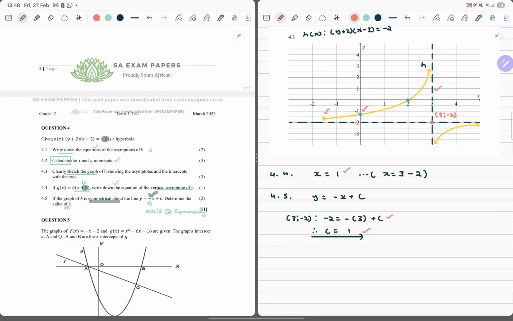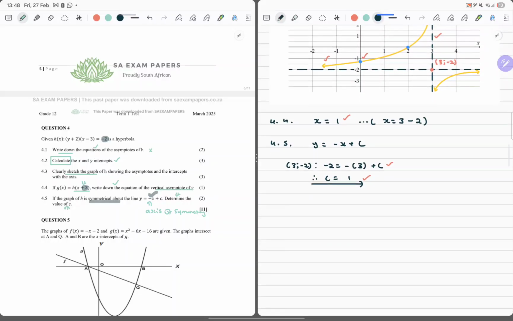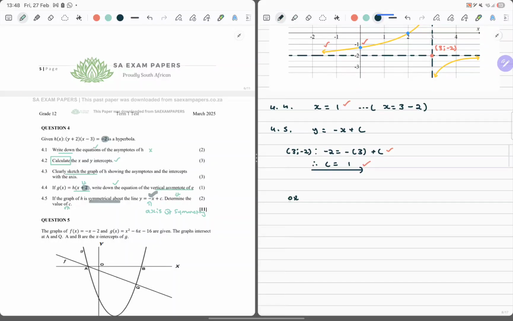So this is good. But what happens if you write the answer only? Well, that's acceptable because the question just said determine. So you can do it by inspection if you want. Now let me show you the other technique, which is quite attractive. y is equal to minus 1 times (x minus p) plus q. This implies that y is equal to minus (x minus 3) minus 2.